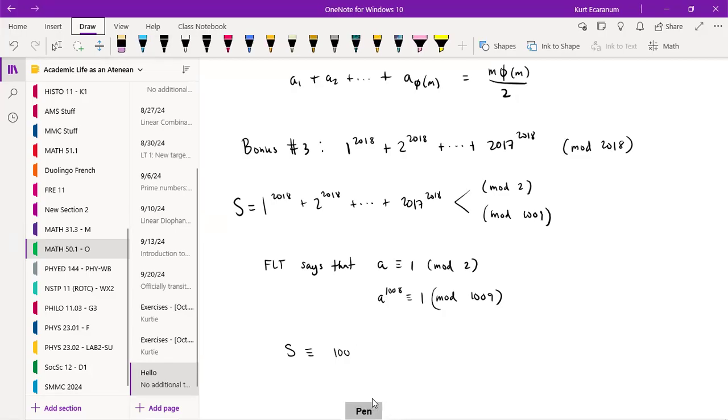Ay, hindi. 1009 pala. 1009 mod 2. Okay. 1009 odd numbers. And then, S would be congruent to ilan ba ang relatively prime. So, ibabawas natin yung 1009 itself. Okay, yung 1009 raised to 2018 kasi wala, zero yan. 2017 minus 1, 2016. Modulo 1009.